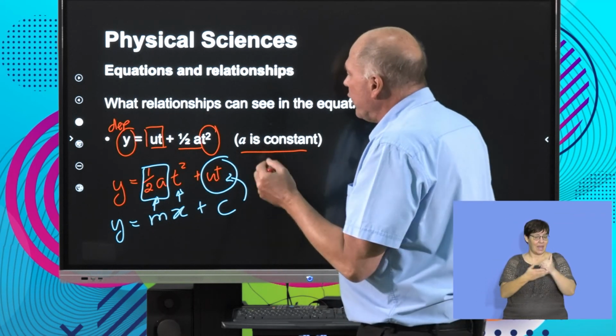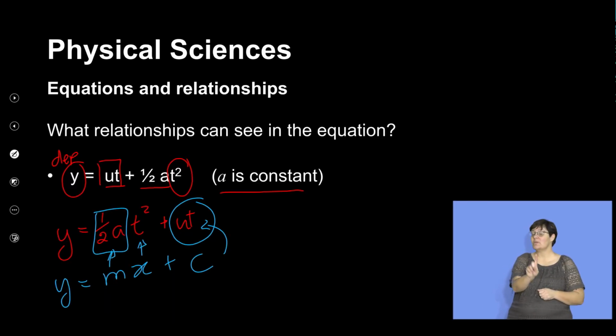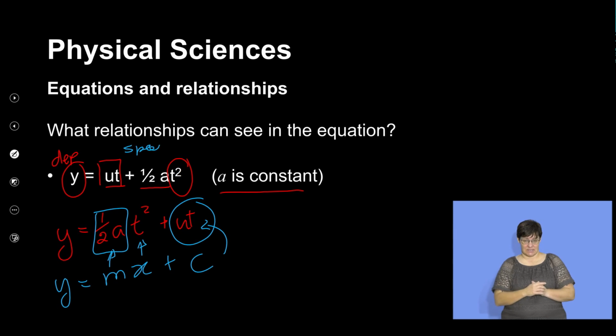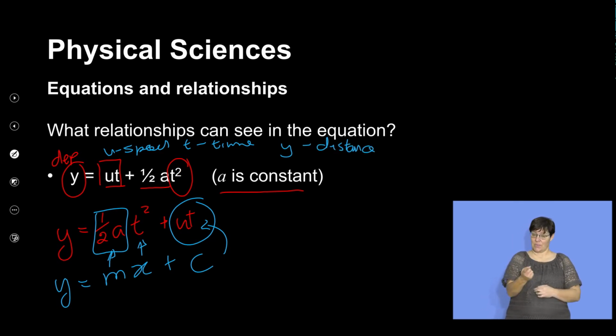And to help us, the u there stands for speed. Okay, so the u stands for speed, and the t is for time, and the y stands for distance. And like we've said right in the beginning, when we take speed times time, we get distance.